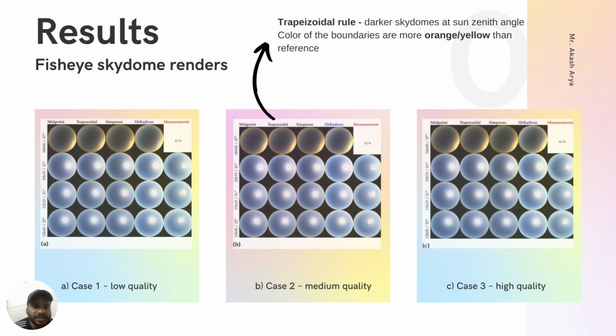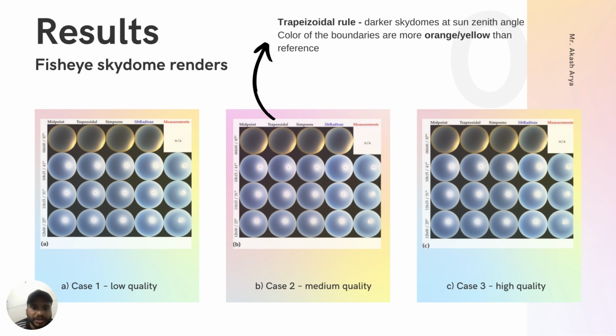So if we see these three in comparison to the others, these three are basically a darker region. If one takes a closer look at the trapezoidal rule, they have darker sky domes at a sun zenith angle of 87 degrees.